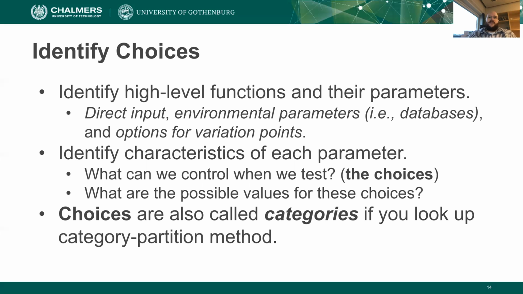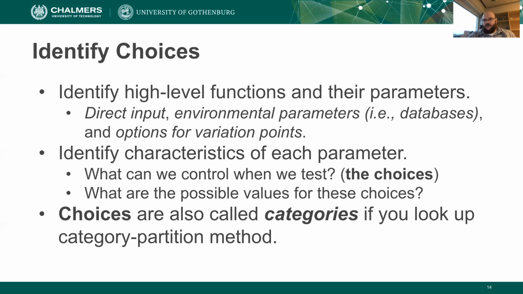And then we think about what defines each of these parameters. What do we control when we're testing? So not just do we provide an integer for an integer input, but what can we control about that integer and what kind of effect can that have on the outcome of the test cases? And then what are the different values that make sense?